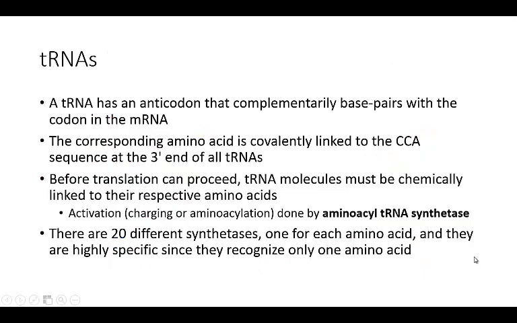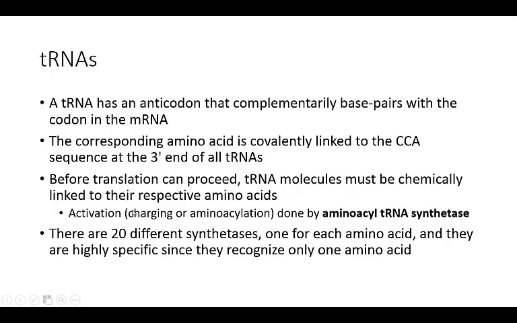Like I said before, these tRNAs have an anticodon that complementary base pairs with the mRNA, and that CCA sequence is on the 3' end of all these tRNAs. One of the important components is that they carry amino acids, the respective amino acids corresponding to whatever codon they would be attracted to.